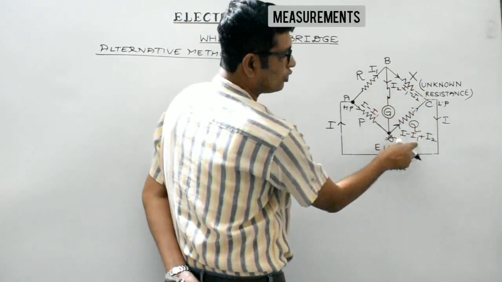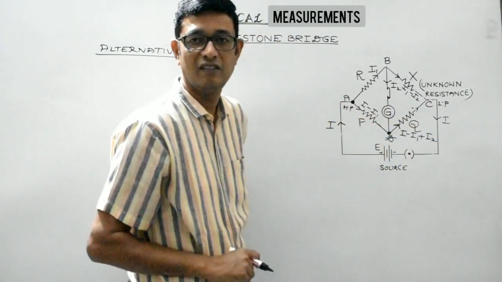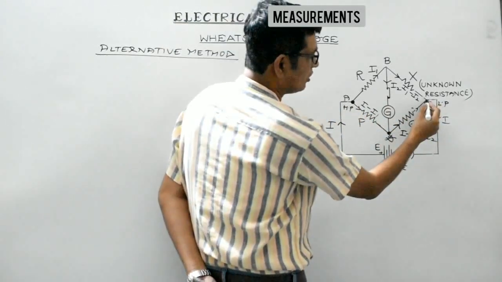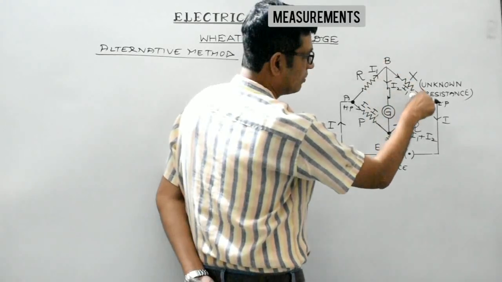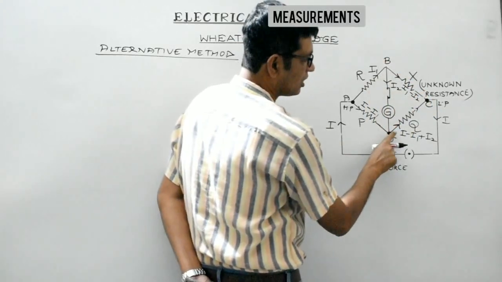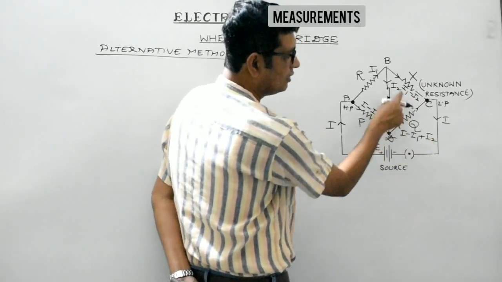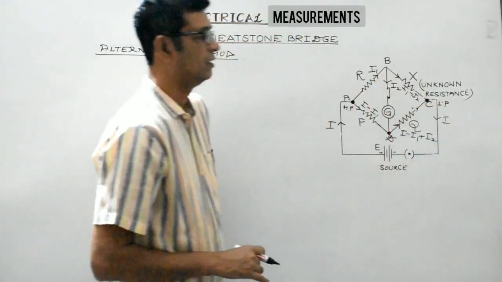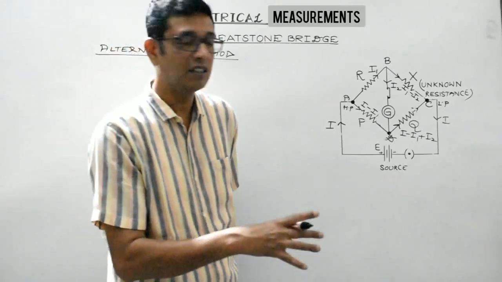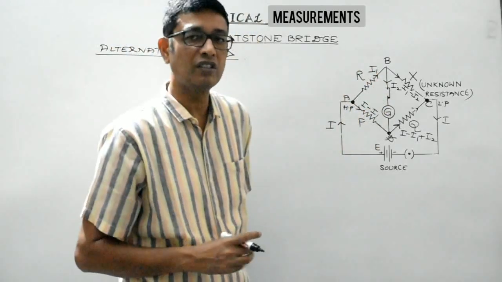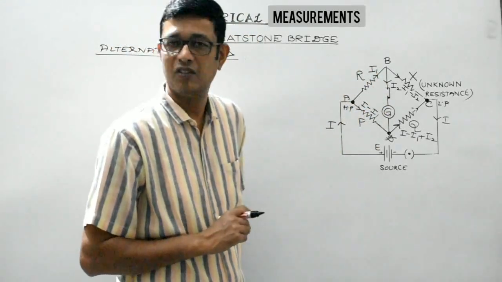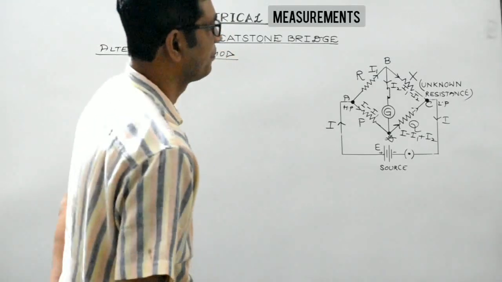So, if you add these two, the net current should be I. Right? So, let's check it out. This is the junction where the currents entering are I1 minus I2, and from this branch the current entering junction C is I minus I1 plus I2. If you add these two, you will get I. It means that your current distribution in the various branches of the circuit is perfectly correct. Right, students? Okay.